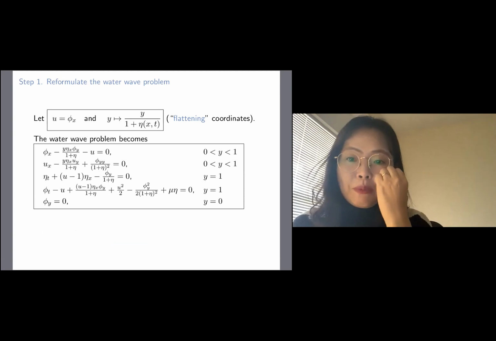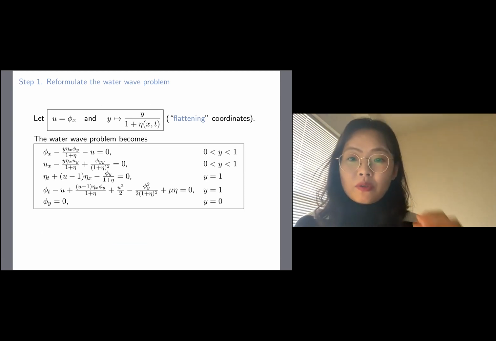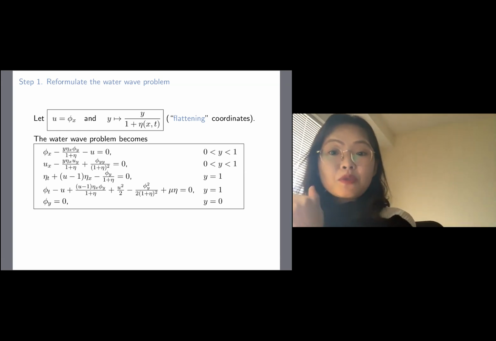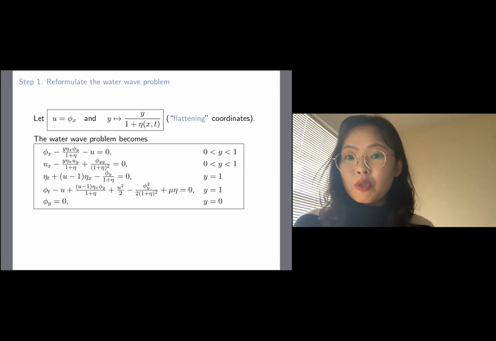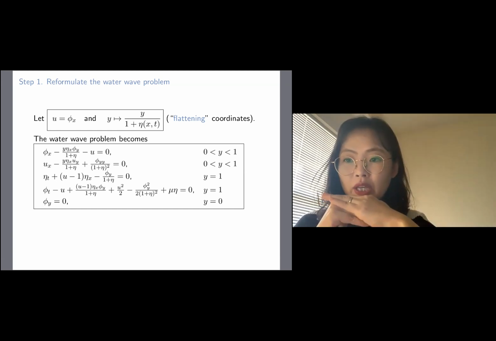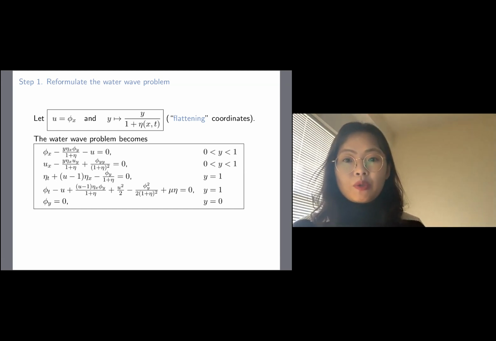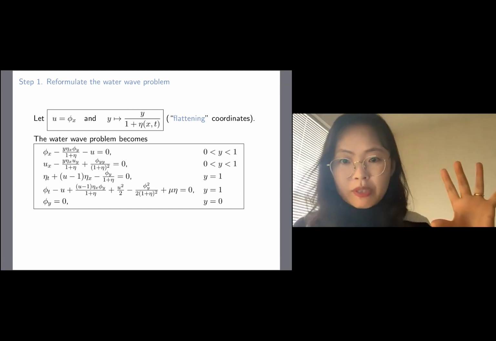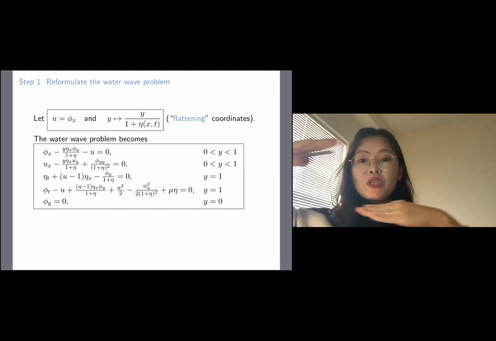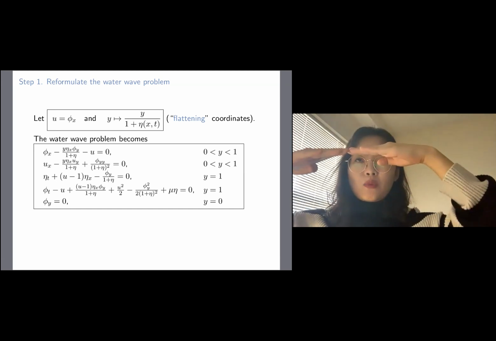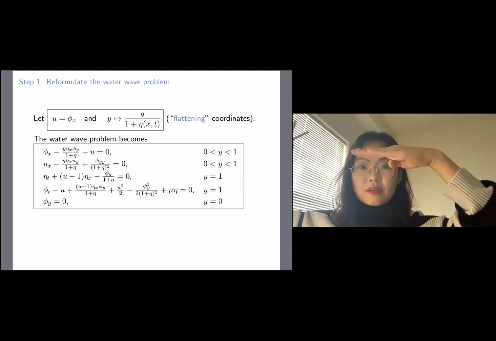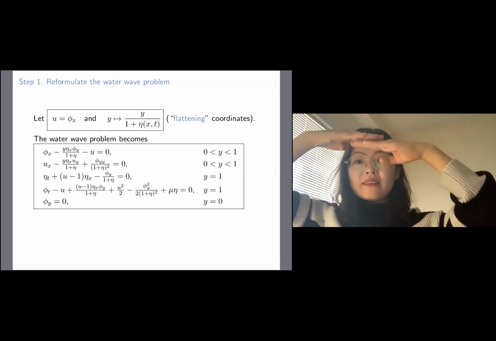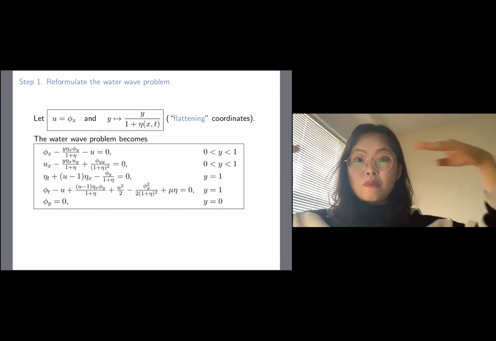Okay, so step 1. We want to reformulate the free boundary problem for the water wave problem into a fixed domain. And again, here, we don't want to squash the two-dimensional domain into 1D. So when in the unperturbed wave situation, say we have a fluid of depth 1, and then when the fluid surface oscillates around this level 1, we forcefully flatten the surface to this level 1.